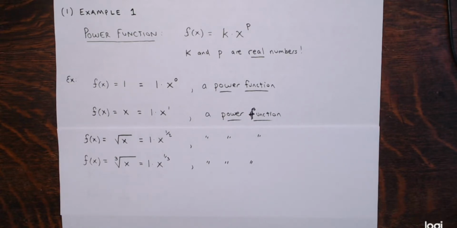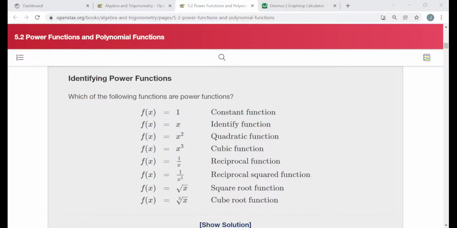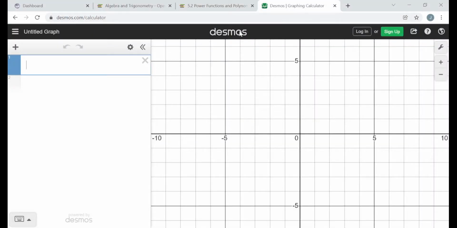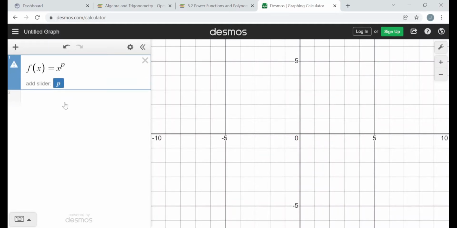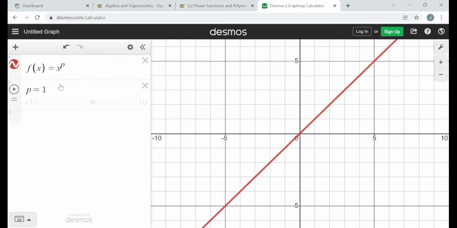Let me show you what the graphs of these look like. I'm going to go to that free online graphing calculator site, desmos.com, and we'll put in f of x equals x to the p. And I'm going to add a slider for p, and I'll just change the value of p around.